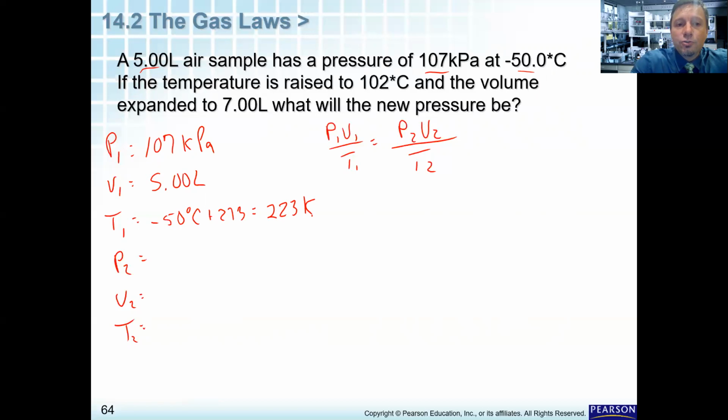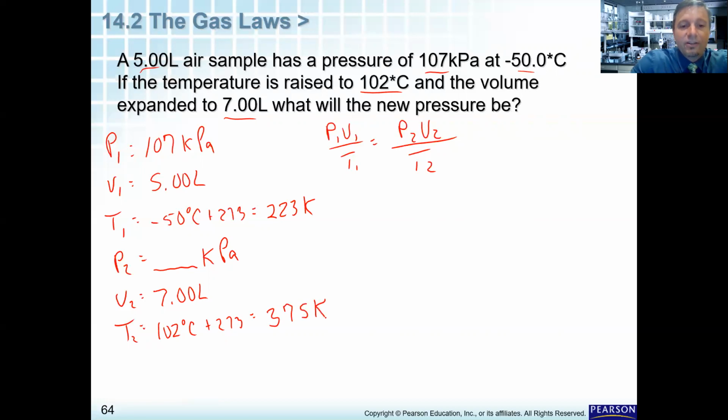Then my pressure 2 is what I'm solving for here. So I'm going to put blank kilopascals. My volume 2, it expanded. It went to 7.00 liters. And my temperature was raised to 102 degrees Celsius plus 273. And that is going to be 375 Kelvin. So now I'm prepared to manipulate my formula to isolate my variable.